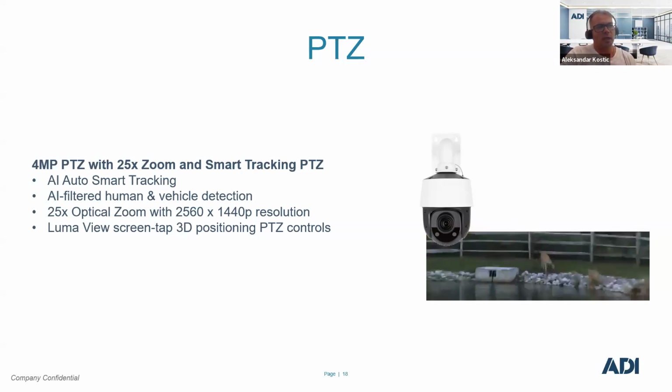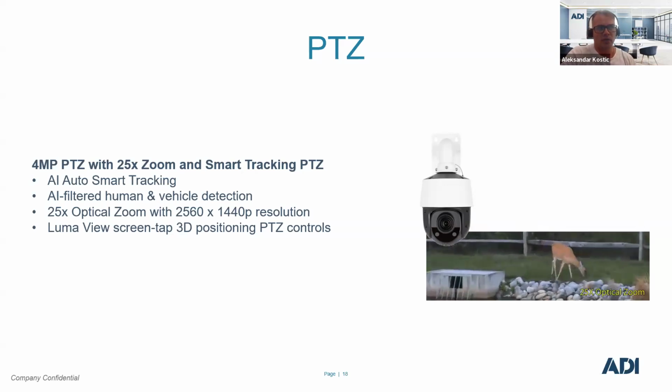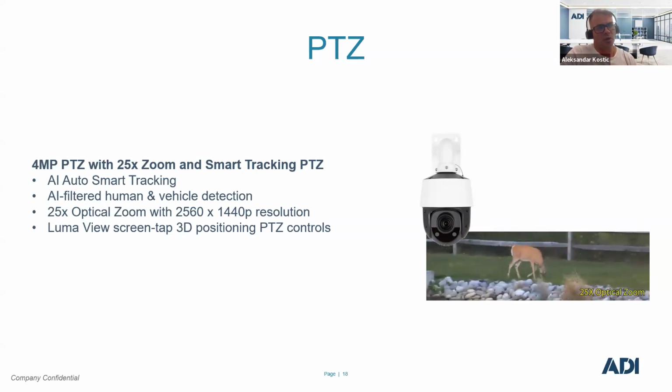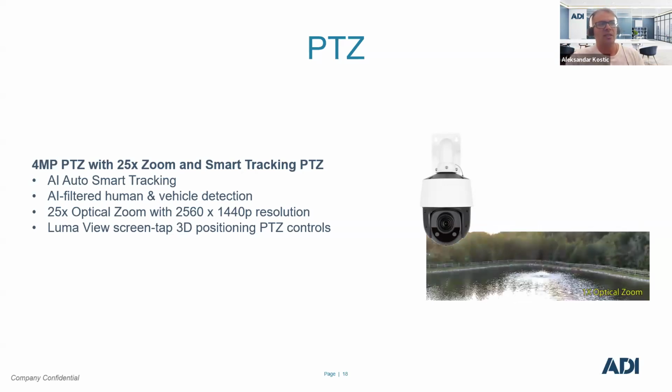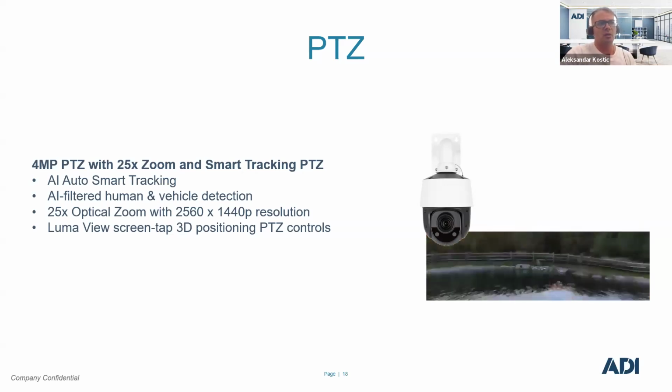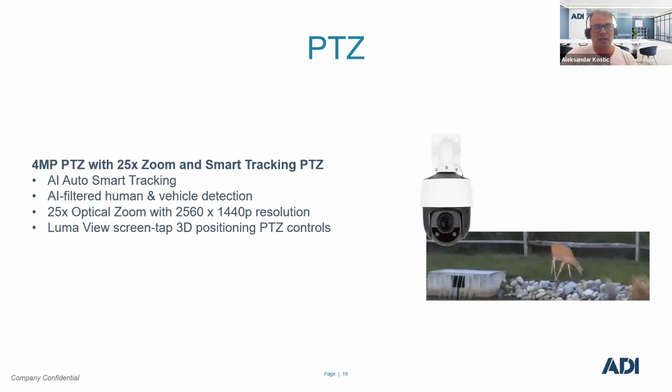They are fully integrated within OvrC, and in OvrC you have all options related to camera management in terms of movement. There is also a quite useful feature called smart tracking, where the camera, when enabled, is able to track a moving object until it gets out of the field of visibility.